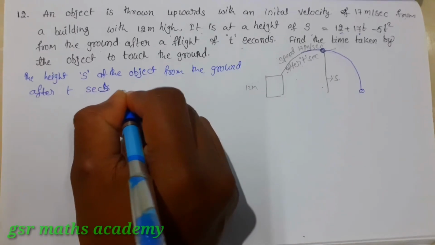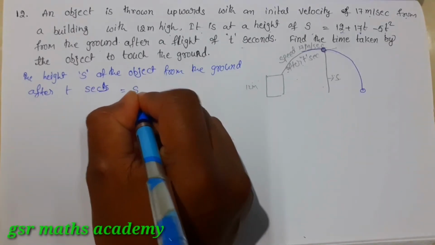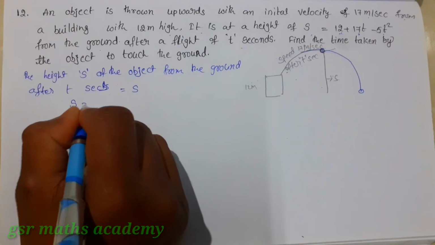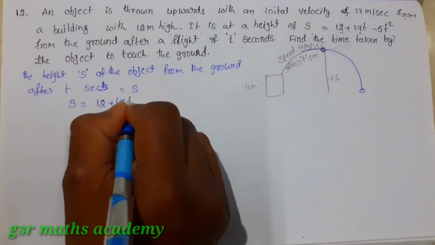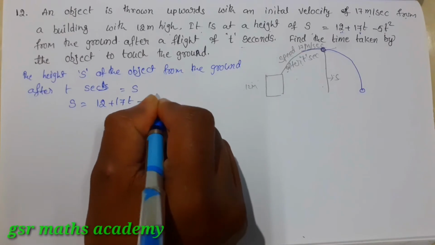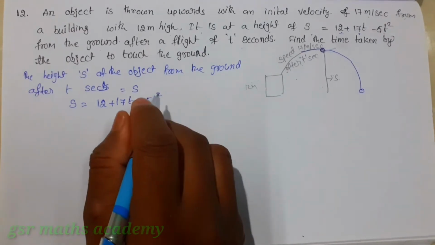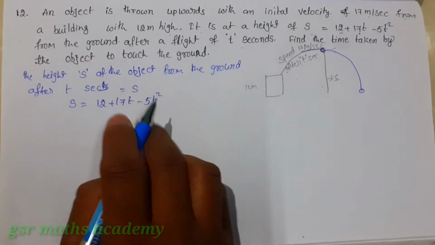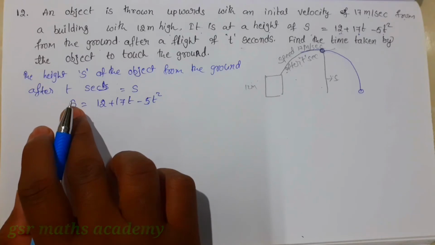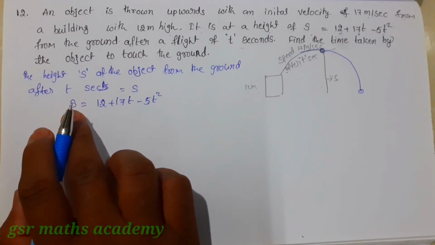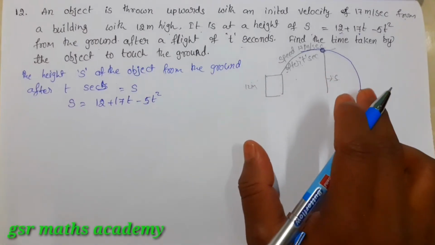is equal to s. This s we have as the equation 12 plus 17t minus 5t square. Now if you observe this equation, s represents a height. They are asking in how many seconds this object reaches the ground.